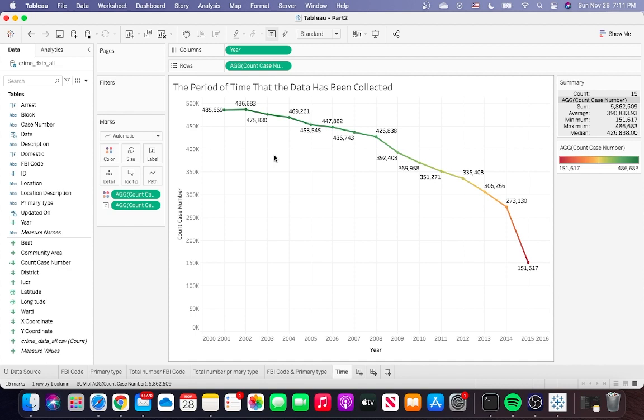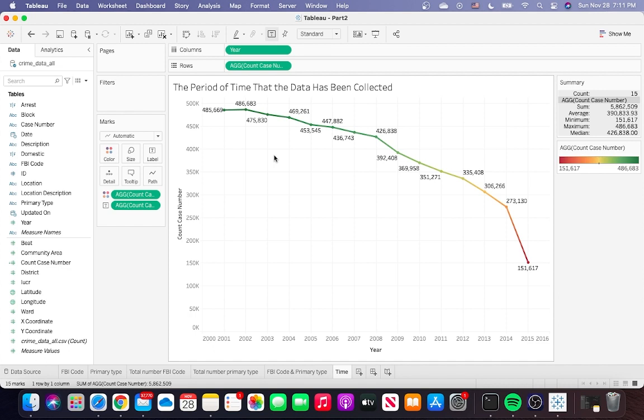The number of criminal cases was recorded from 2001 to 2015. As we can see, it was decreasing from 485,000 cases to 151,000 cases.